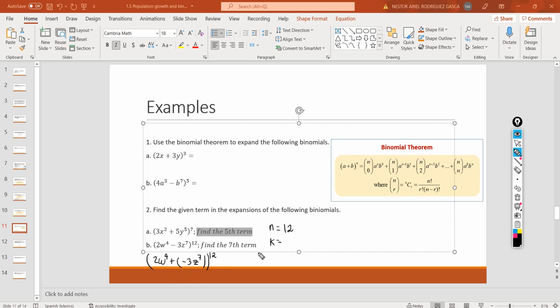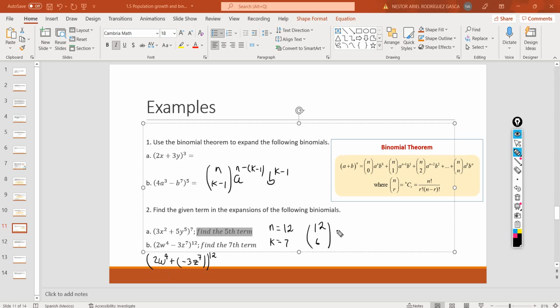What is your k? That's the number of the term that you're looking for, 7. Once again, just attend to the formula, which is this. Basically we have to perform 12 choose k minus 1, that's going to be 6, so 12 choose 6.